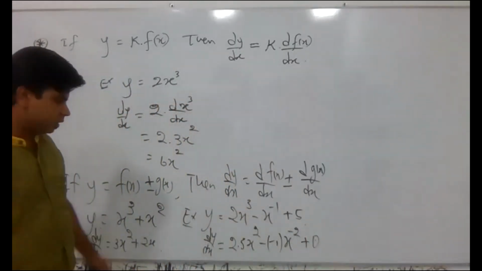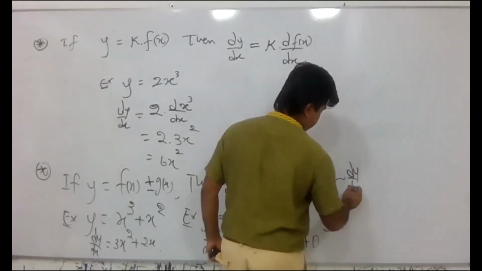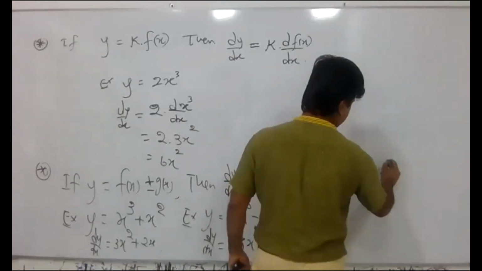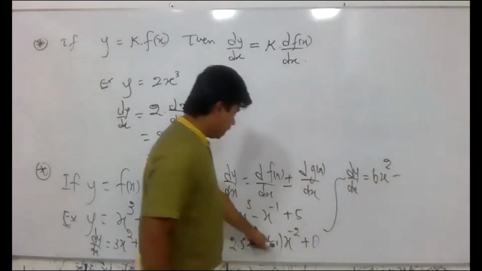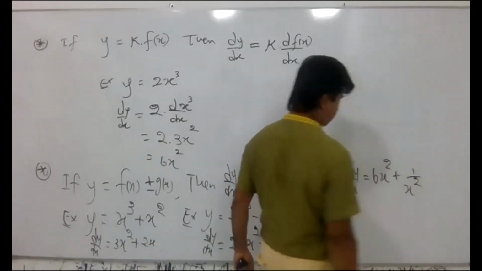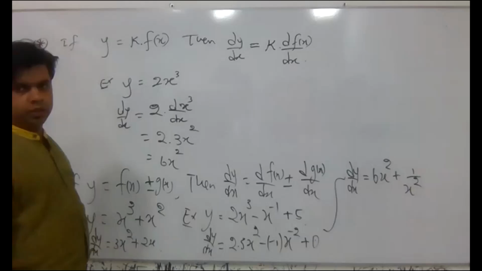Differentiation of a constant is 0. So you will have dy by dx equals 6x squared plus 1 over x squared. Or else you can simplify, but you can leave the answer like this also.